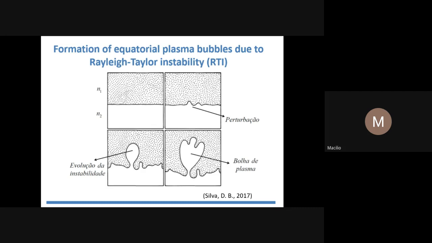This plasma bubble can be about 100 kilometers, and these bubbles move from the equator to high magnetic latitudes, on both sides, north and south, about the magnetic equator.